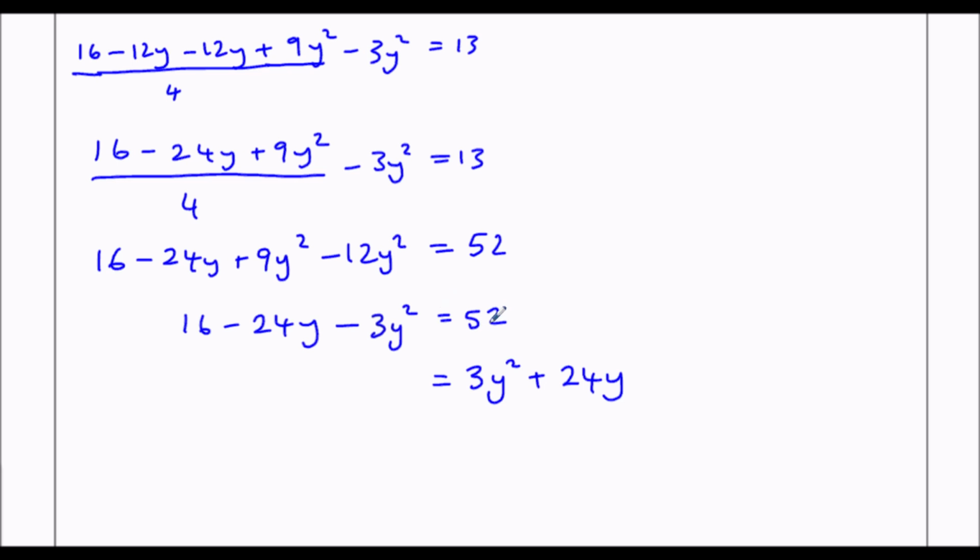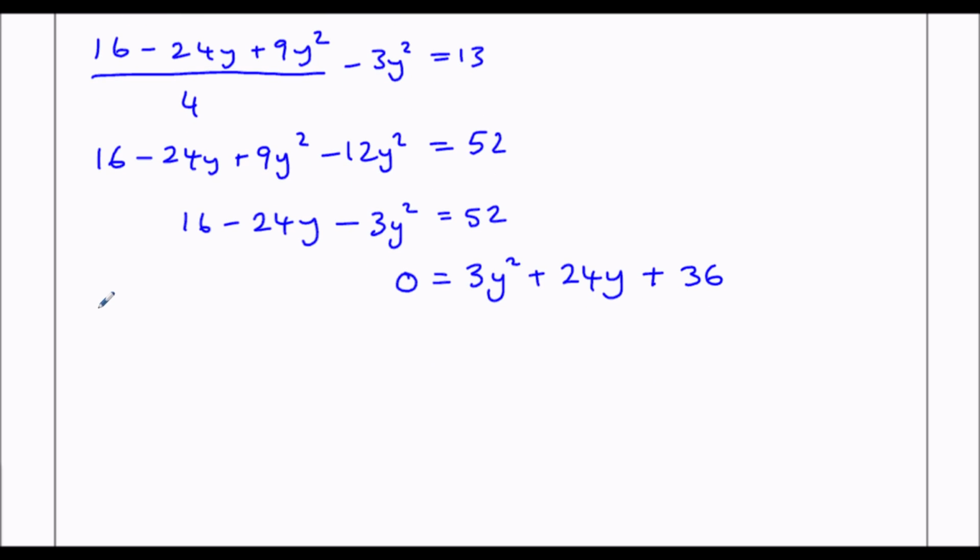I've got 52 take away 16, which will be 36. So equal to 0. All of my terms are in the 3 times table, so I can divide the whole equation by 3.